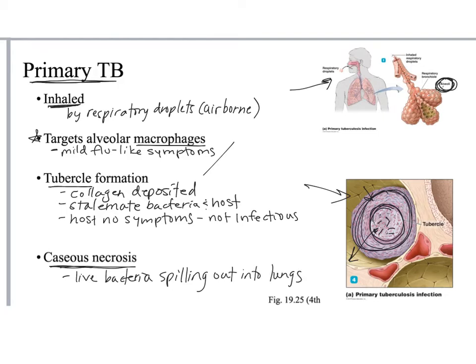Okay, so once we have these live bacteria spilling out in the lungs, then it's not considered primary TB anymore. That's now considered secondary or reactivated TB. Okay, so the tubercle is broken up, and now we've got, again, bacteria out now becoming infectious again.